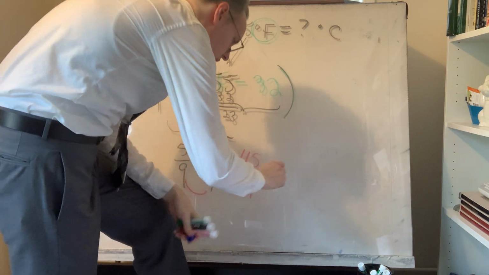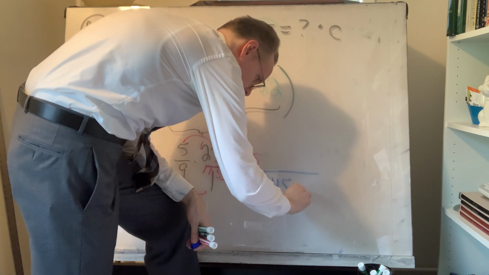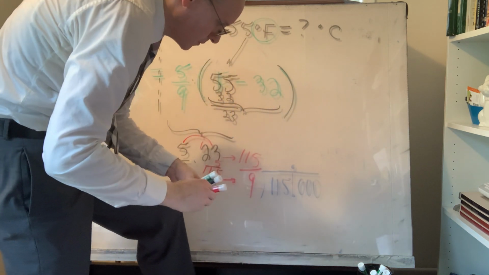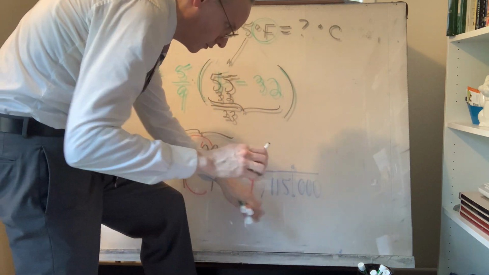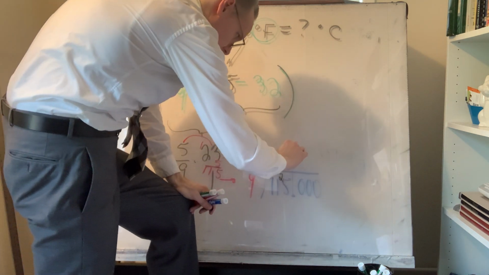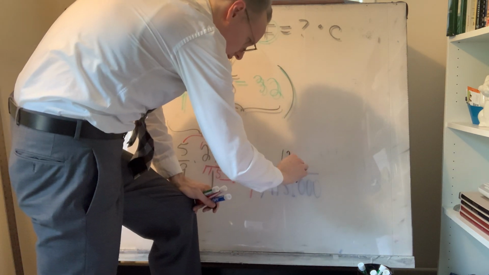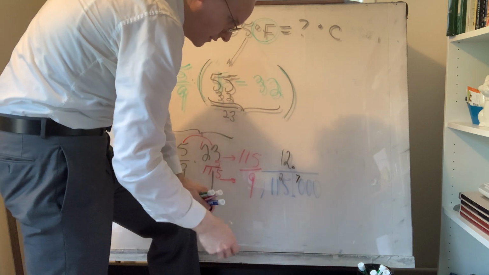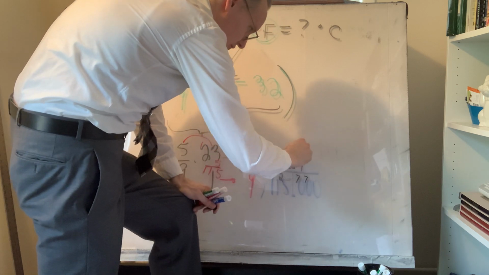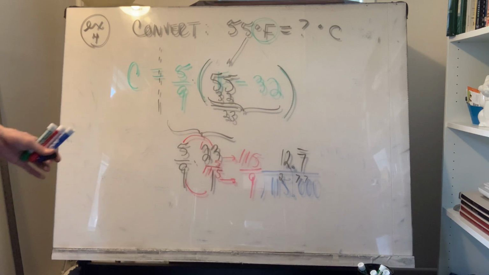So, again, if you're doing it by hand, 9 stays here, 115 goes here, put in a decimal point, throw in some zeros to get rolling, and be consistent. 9 goes into 11 roughly one time with 2 left over. 9 goes into 25 roughly twice, which is 18, and the difference is 7. 9 goes into 70 roughly 7 times, which is 63, and the difference is 7 again. This will be a repeater. So 12.7 repeating.